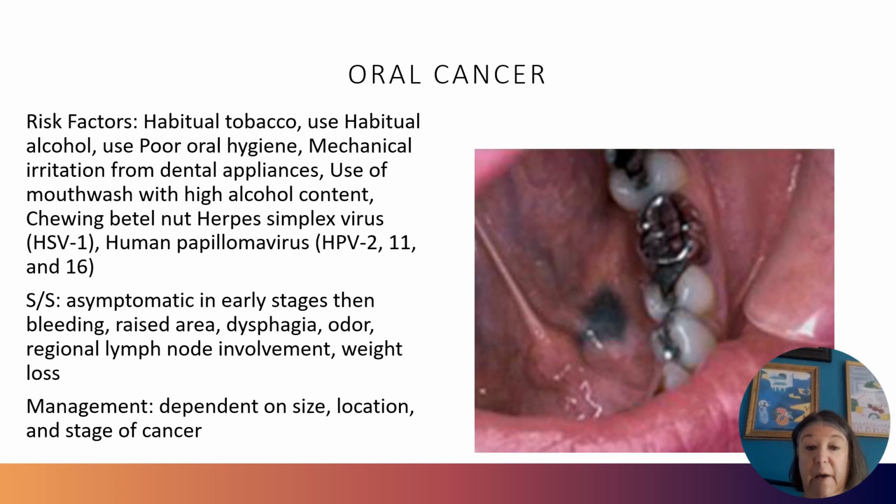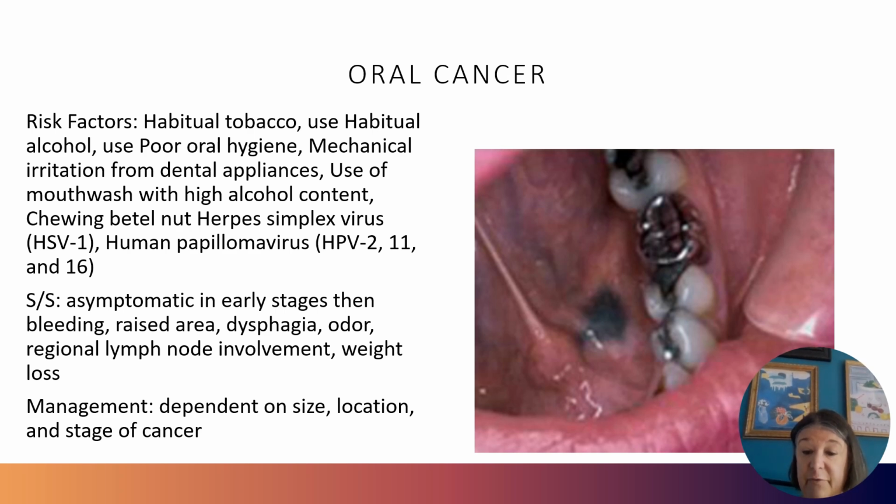Risk factors: tobacco use, absolutely. Alcohol, habitual alcohol. So not just having a couple drinks on the weekend, but if you have a fifth every day, right? Poor oral hygiene. Mechanical irritation from dental appliances, so like poor fitting dentures, all of that stuff. Mouthwash with high alcohol content. Chewing betel nuts. We actually had to look this up.